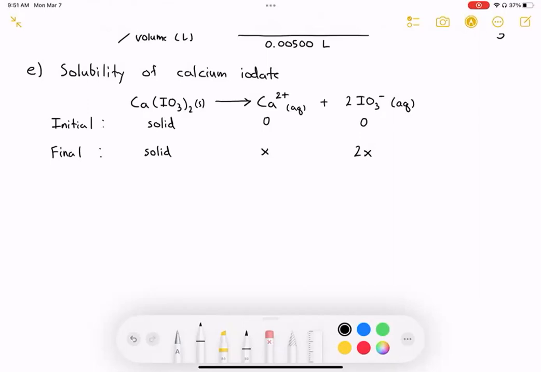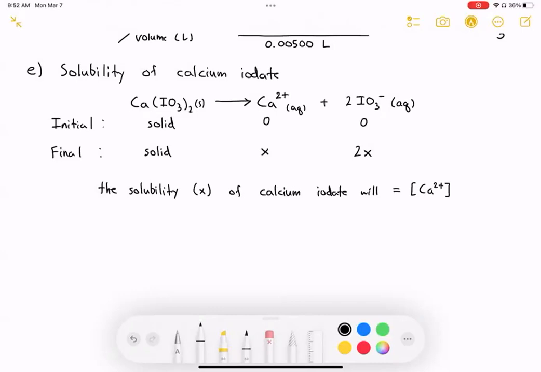Okay. But as you recall, maybe in lecture, the solubility X of calcium iodate will be equal to the concentration of the calcium 2 plus ion. Okay.